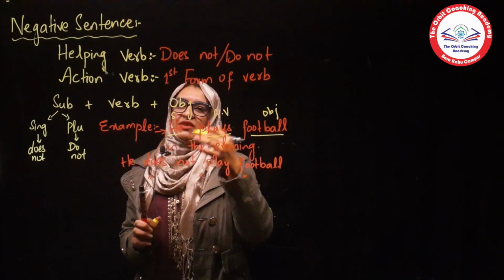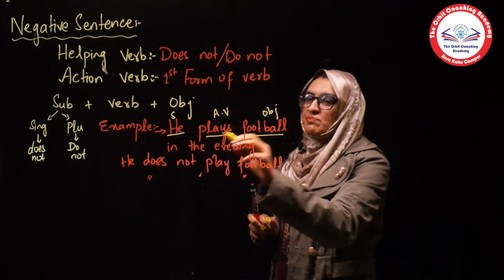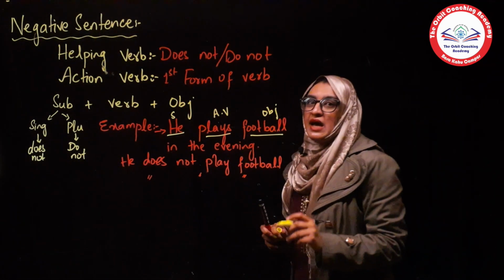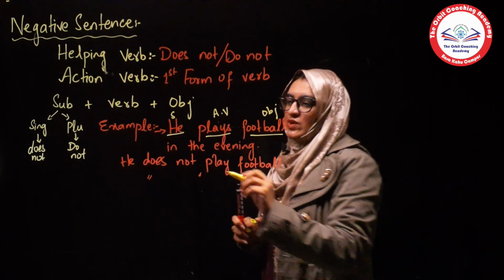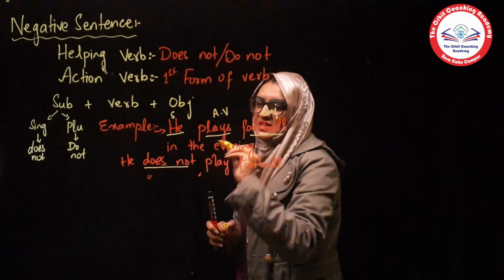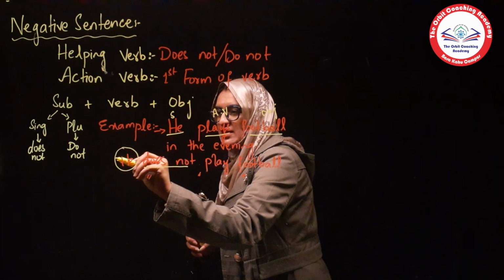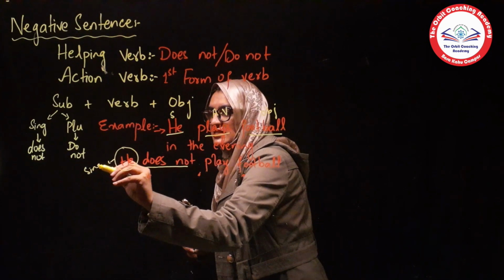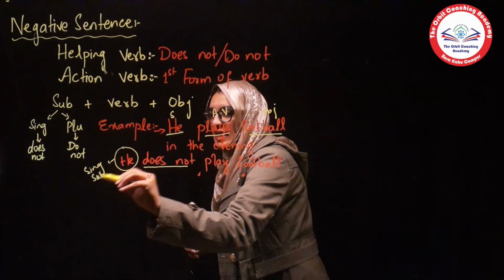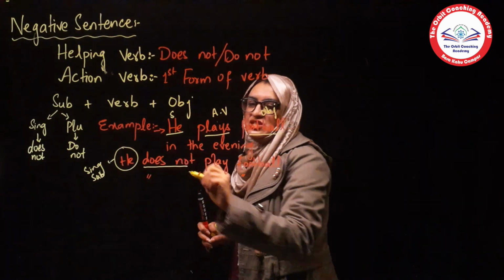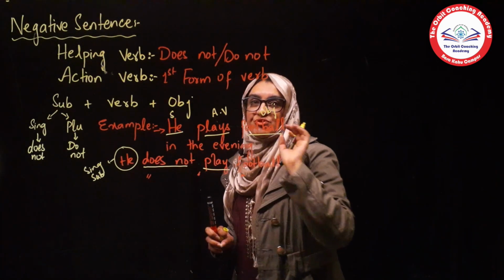So we have already made the simple sentence, he plays football in the evening. How do we make the negative of this one? I have added does not here. This is the first thing. With a singular subject, I have used does not, and while using does not, I have added only the first form of the verb.